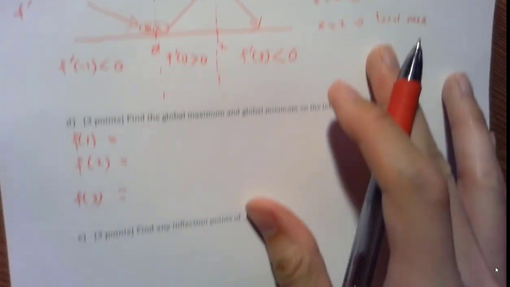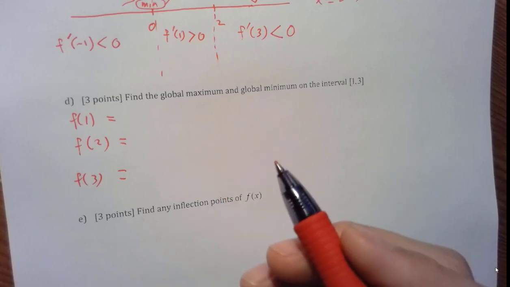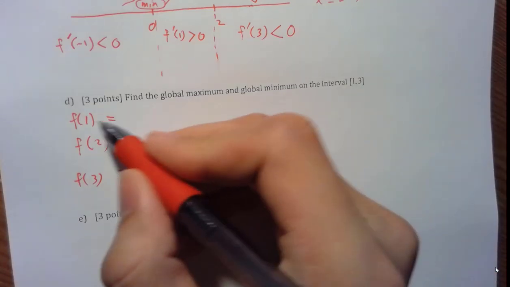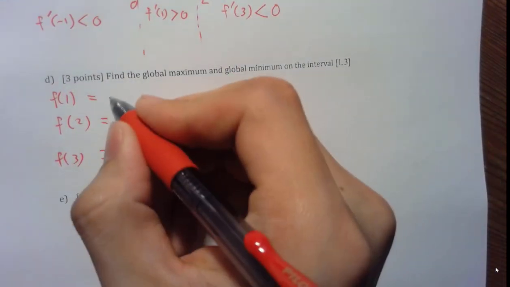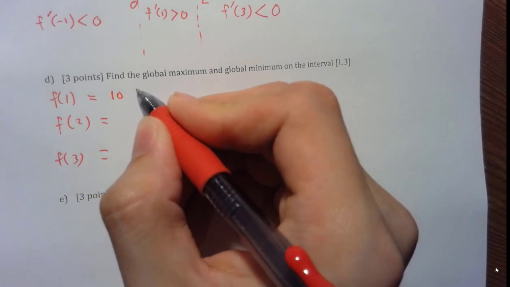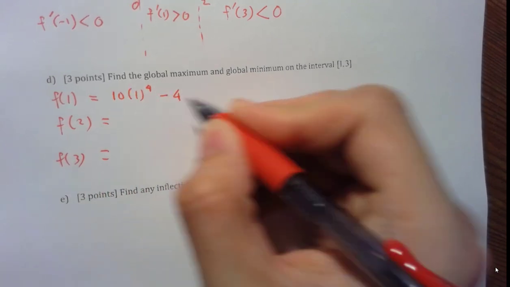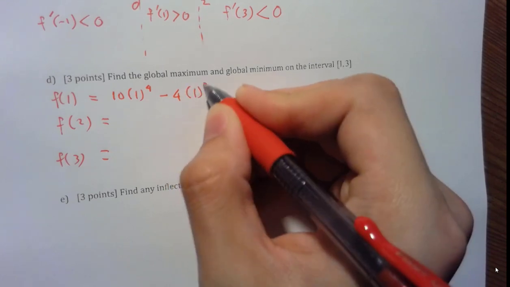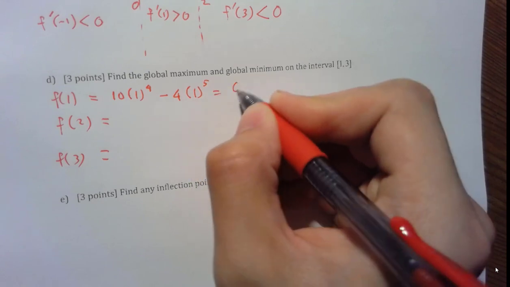If I plug in 1 to find f of 1, anywhere I see x I plug in 1, and that is 6.